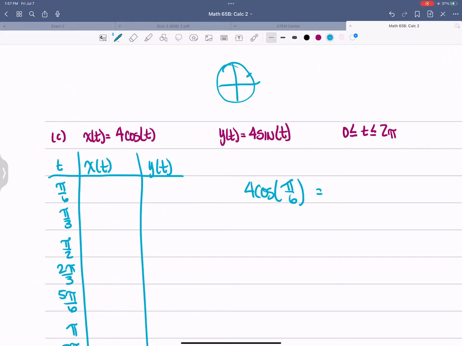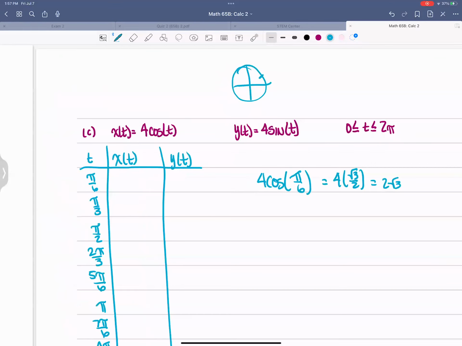Pi over 6 is here, cosine is root 3 over 2. So we have 4 times root 3 over 2, which gives us 2 root 3. Oh, I lied. We should have started with 0.